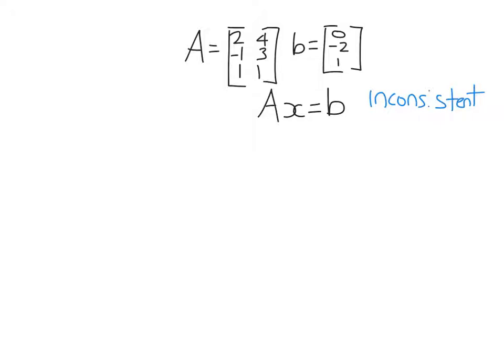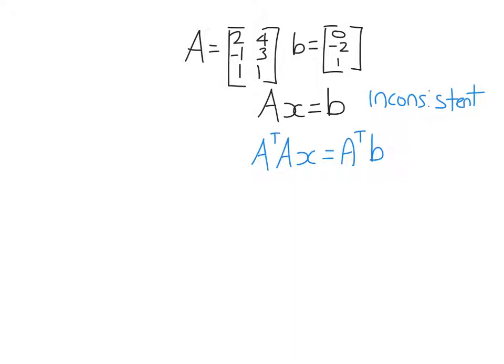There really is no point trying to use this least squares method when there is an actual exact solution. So instead of solving AX equals B, we want to solve A transpose AX is equal to A transpose B. This will have a non-empty set of solutions.